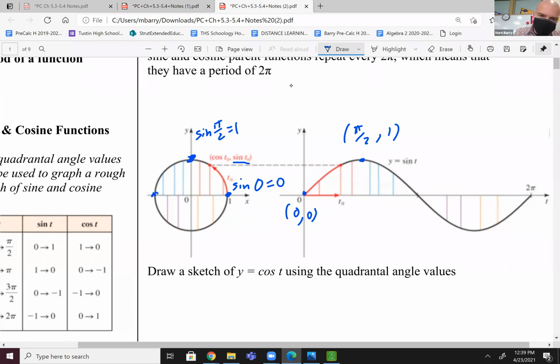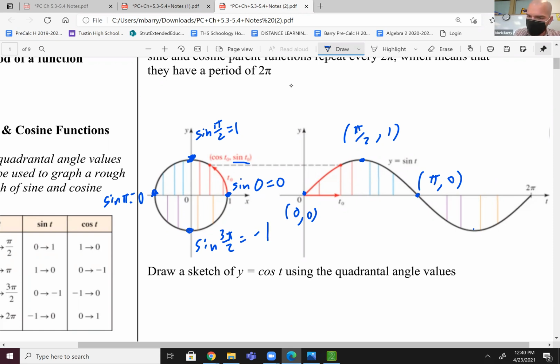Then if I went over here to the left side of the unit circle, the radian value there is pi. And sine of pi is actually back to 0. So that's why this point is (pi, 0). And if I went to the bottom of the unit circle, the radian value there is 3 pi over 2. And the y value of the point is -1.